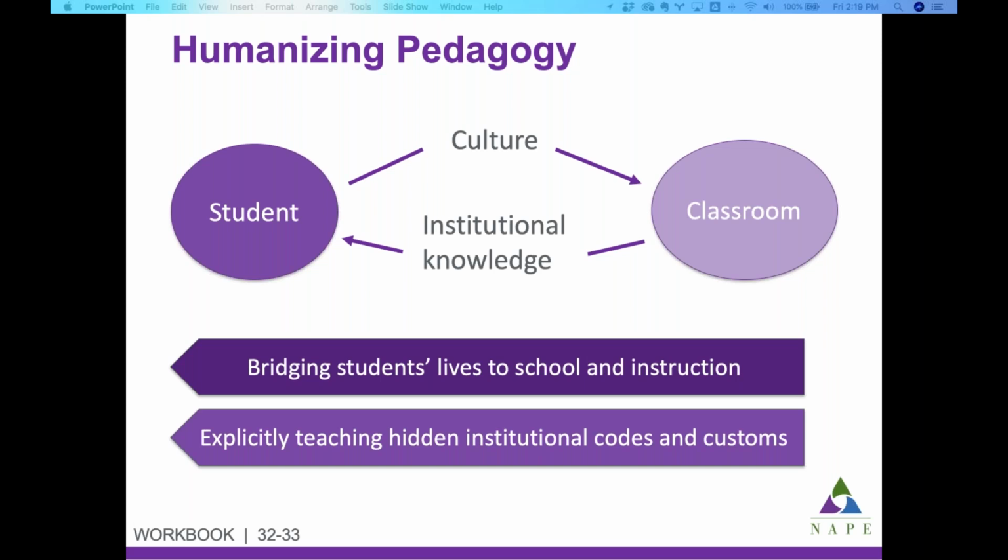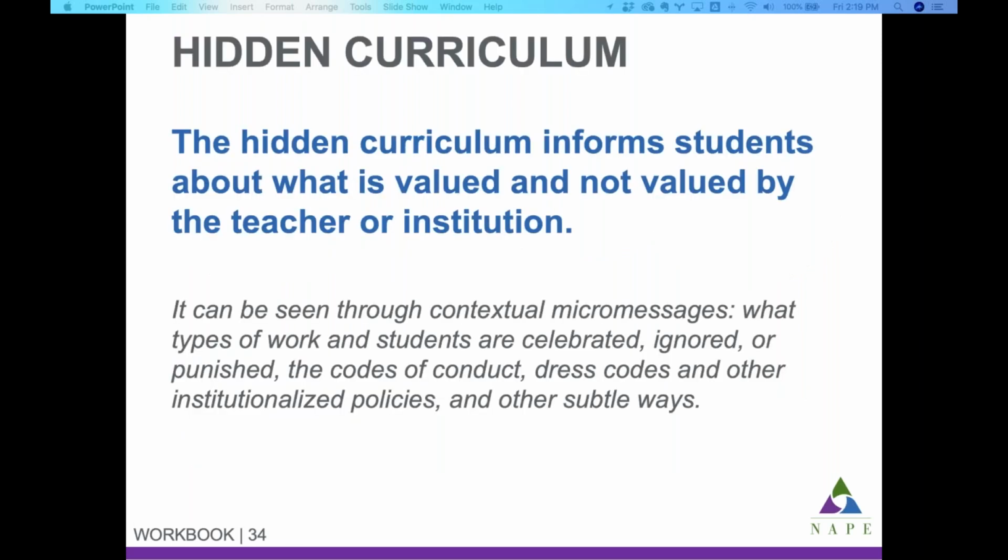So let's look a little bit at what hidden curriculum is. Hidden curriculum informs students about what is valued and not valued by the teacher or institution. So it's these contextual micro messages. So when we looked at the differences between the individualistic and the collectivist values, my background's in science and engineering and math, right?